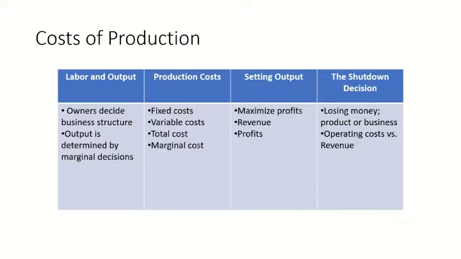If you're losing money, maybe people aren't buying your shirts anymore and you can't come up with a good idea. Then you just take a look at your operating cost versus your revenue. If you start seeing your profits dip, that's usually a sign that you're not making enough sales to keep the business open.